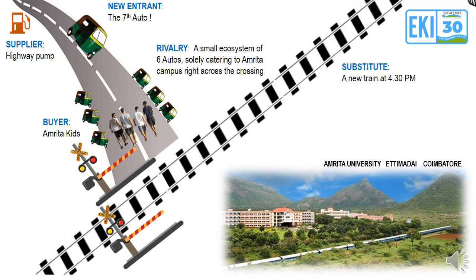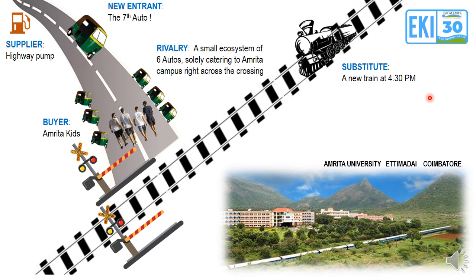The last threat is the substitute. Imagine that there is no train at 4:30 towards either Coimbatore or Palghat, and suddenly government introduces a train which stops at Ettimadai signal. There is a station nearby called Ettimadai station somewhere here, walking distance from the campus. And suppose there is a train at 4:30.